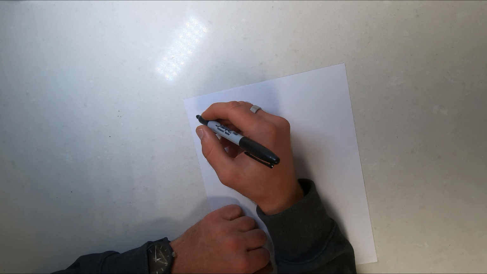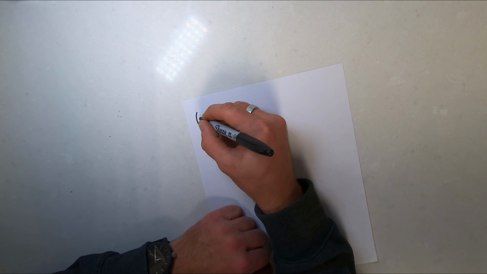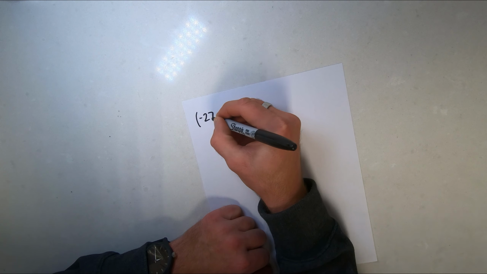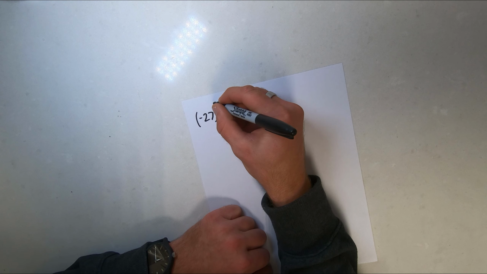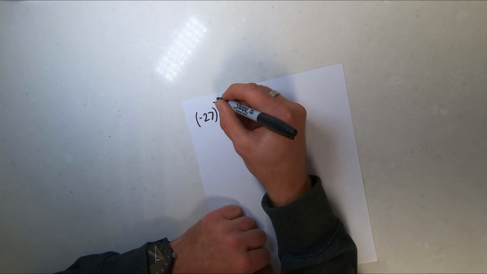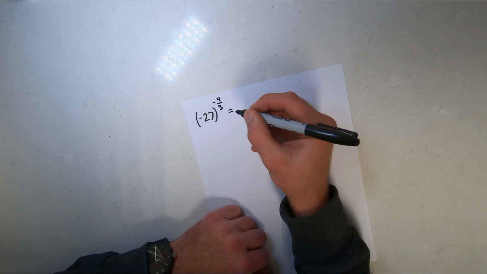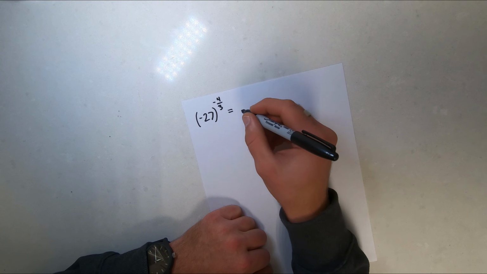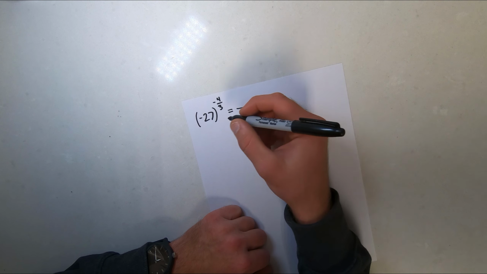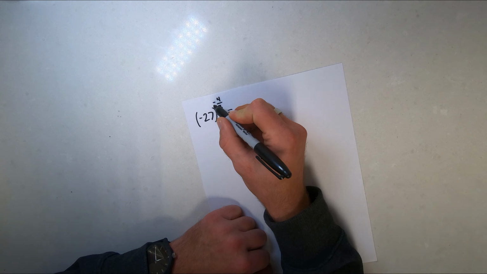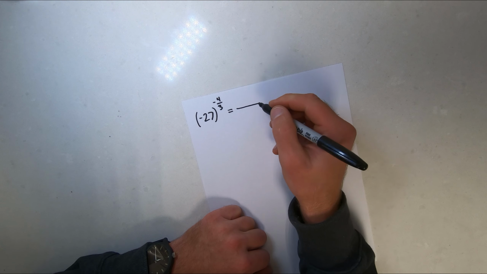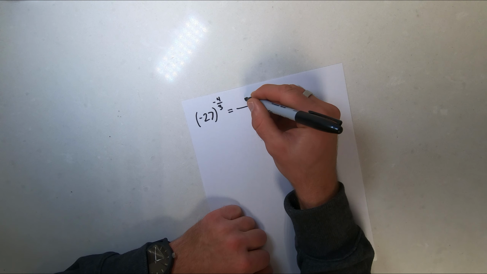So let's work another problem. Let's say we have negative 27, and that is raised to the negative 4/3 power. So first we put this problem into fractional form, and then we solve. So we know that negative means the reciprocal. That's why we put it in fractional form.